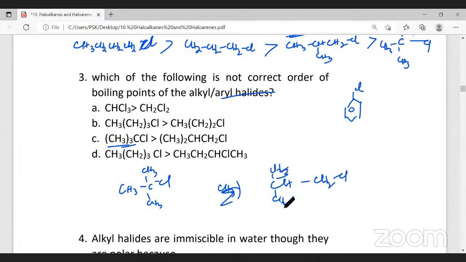This is CH3, sorry. This is also CH3. If I take 1, 2, 3, there is only one branch here. Here, if I take 1, 2, 3, there are two branches here. So as the branching increases, what happens? The boiling point has to decrease. But what they have said here is that the boiling point increases. It is a wrong option. Therefore, the answer for this question is option C.